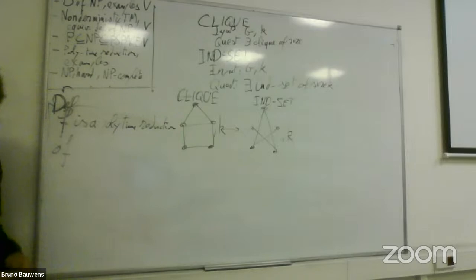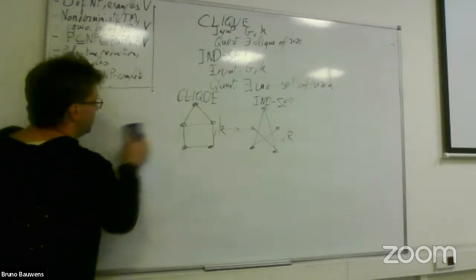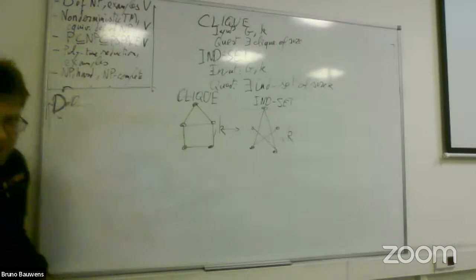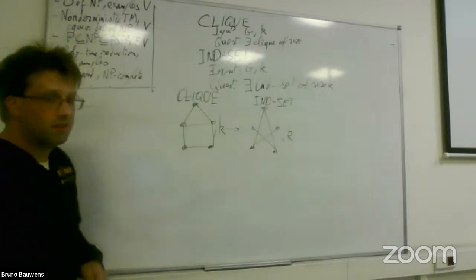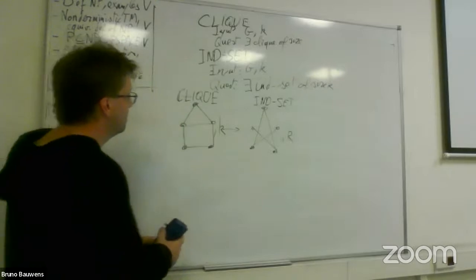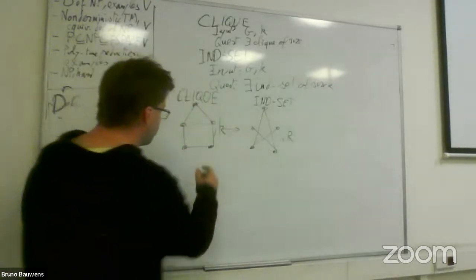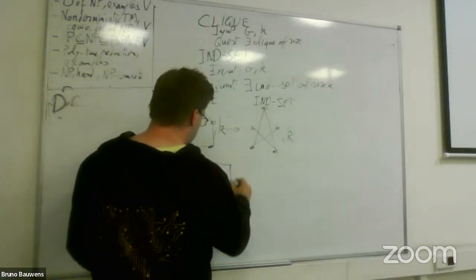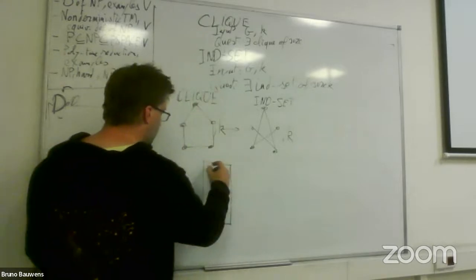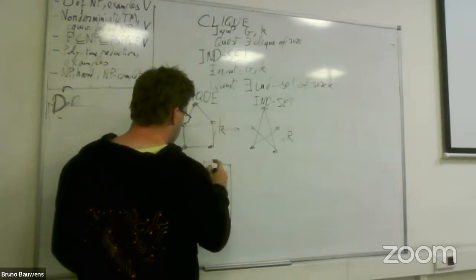Well, we can say that there are two languages, A and B. Sorry, I'm wasting time. For every x, x is in A if and only if f of x is in B, and then f is a reduction.